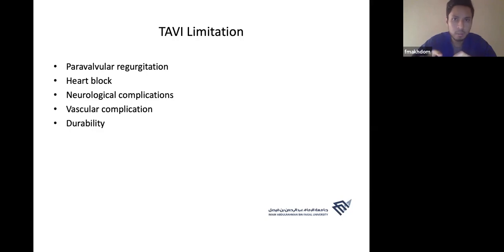Then the intermediate risk, which is PARTNER 2, is another generation of valve, another era. And then the latest, low risk, PARTNER 3 trial, is where they use the latest generation and the latest era for TAVI.